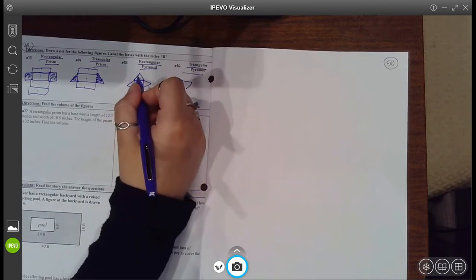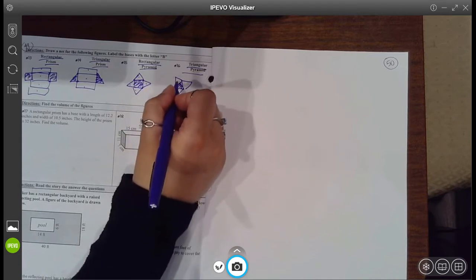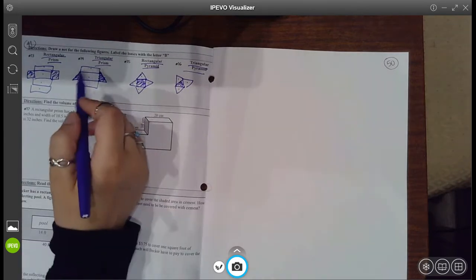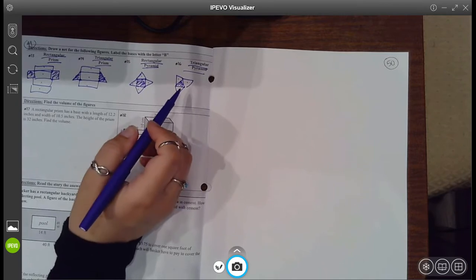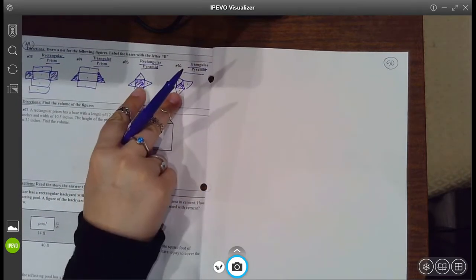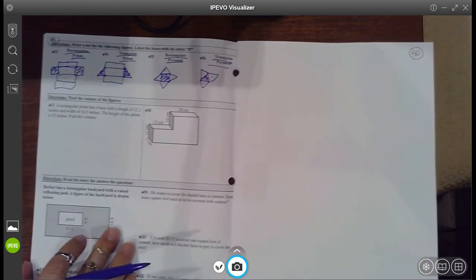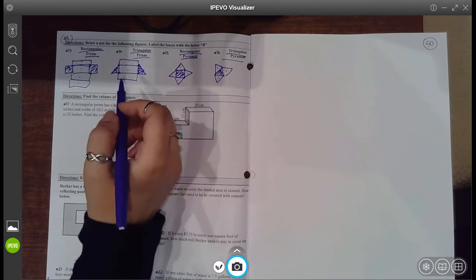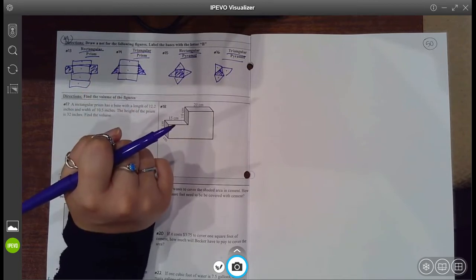So 4 sides, so 1, 2, 3, 4 triangles coming off. 3 sides for this one base, so 1, 2, 3 triangles coming off. Okay, prisms have rectangular sides. Pyramids have triangular sides. Prisms have 2 bases. Pyramids have 1 base. And again, for pyramids, you have your base shape in the center with triangles coming off. And then prisms have your 2 bases on opposite sides, separated by rectangles.